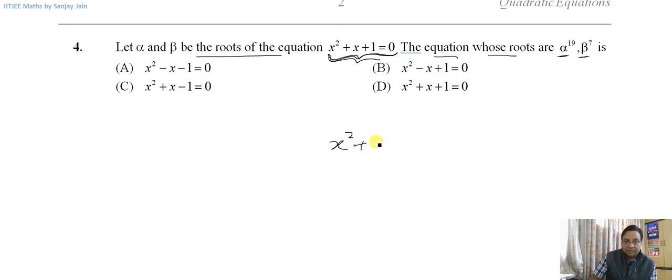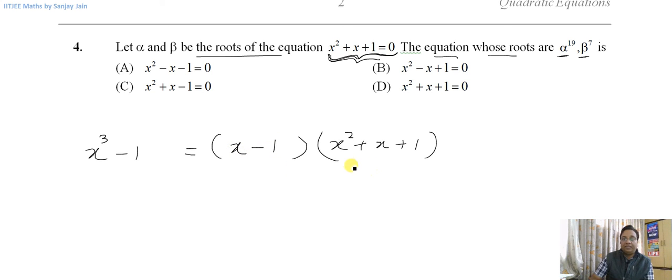If I see this expression x square plus x plus 1, I get an idea about x cube minus 1. What is x cube minus 1? X cube minus 1 is nothing but x minus 1 into x square plus x plus 1. Right? You remember this?